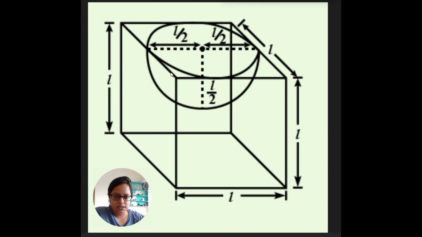Here the area wouldn't be complete. We'll have to subtract the area of this circle. In this case, the length is actually L. So 6L square minus pi L by 2 the whole square, which is the area of this circle.